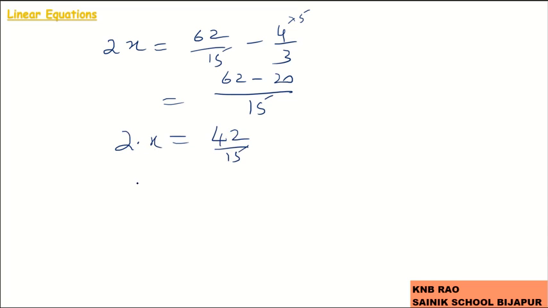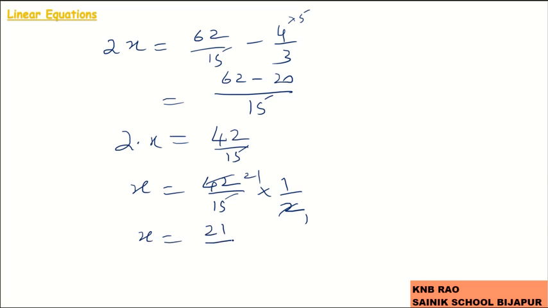This 2 is a multiplicand, if it goes that side it does the division, so it becomes 1 by 2, 2 ones are 2, 21s are, so x value is 21 by 15 or 1 integer 6 by 15 centimeter.